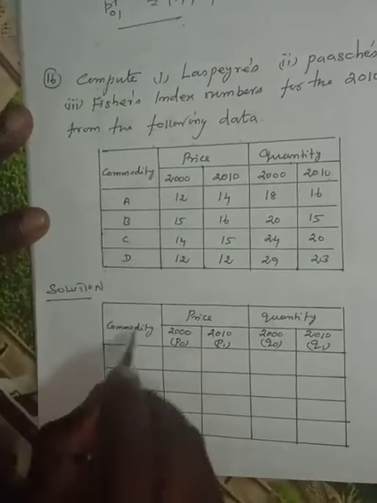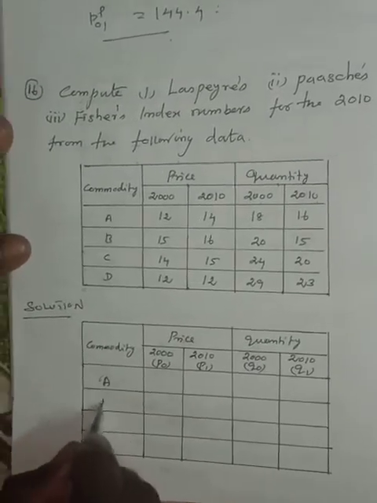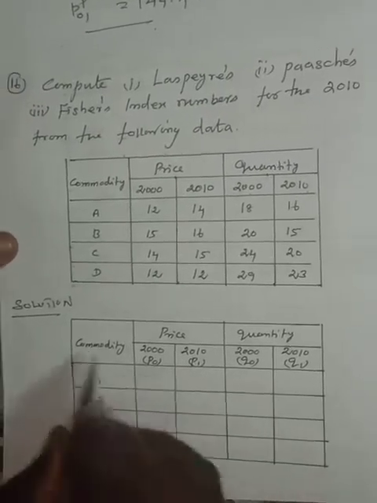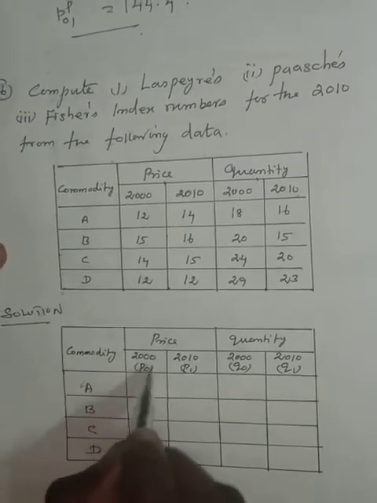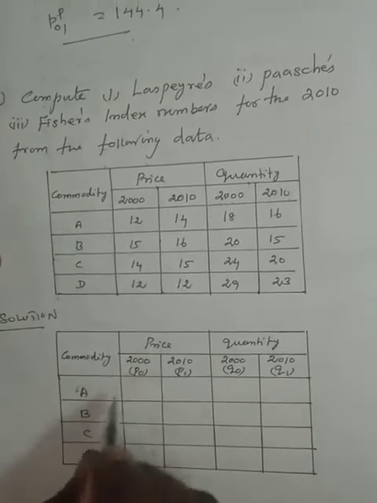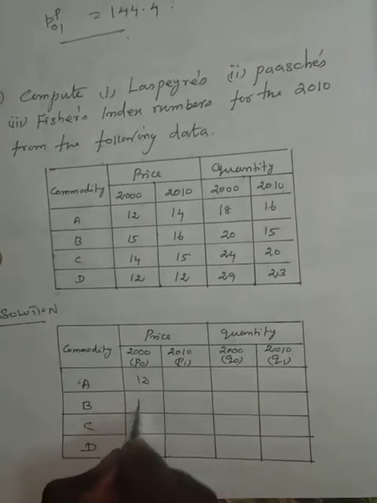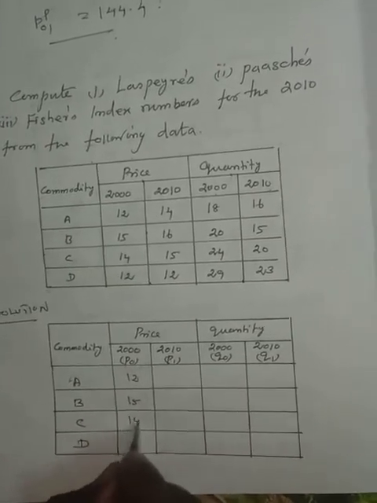Commodity A, B, C, D. Initial stage price P naught is 12, 15, 14, 12.